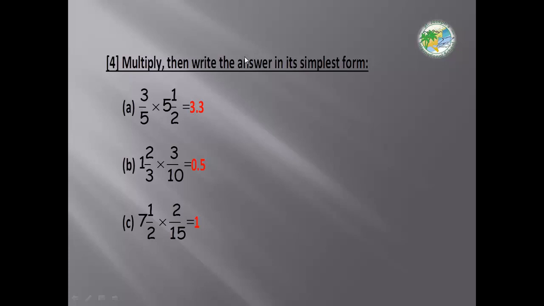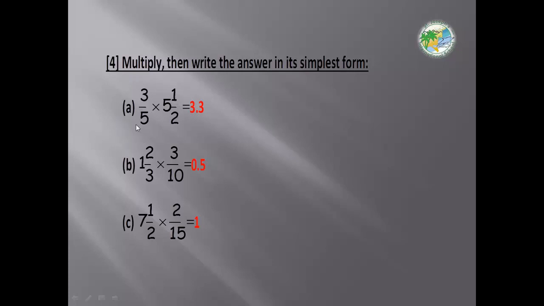Now, these are mixed numbers. We have two methods to change the mixed number. If the mixed number can change into a decimal, you can change it into a decimal. But it will be a bit difficult if we multiply decimal numbers times fractions.